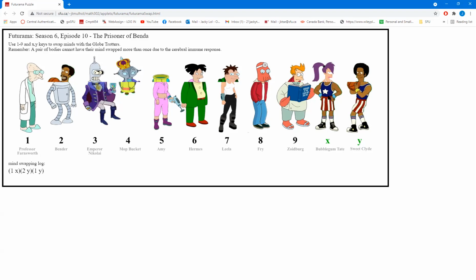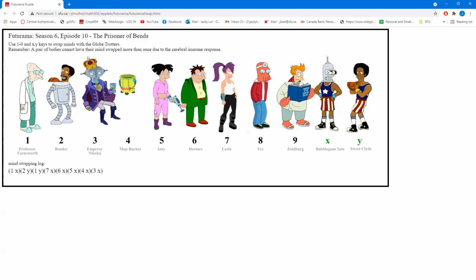Y1, and now X7, and I swapped into Layla's head, and then I swapped Hermes' head back into his position. And then I swapped Amy's head back in, and then the mop bucket's back in. I swapped it in accordingly. And now I swapped everything down to here. And all that's left was Fry and Zoidberg, and Bubblegum Tate's and Sweet Clyde's bodies messed up.